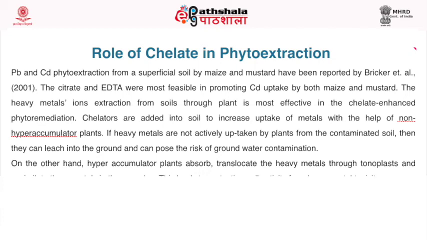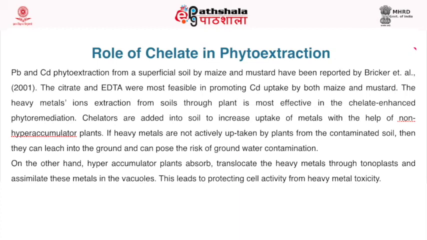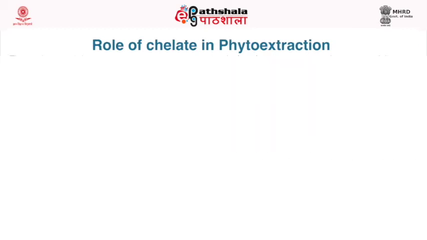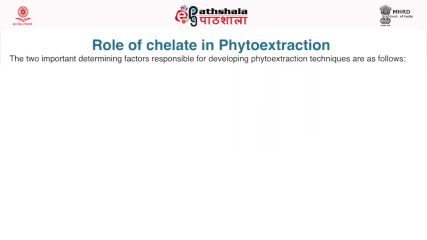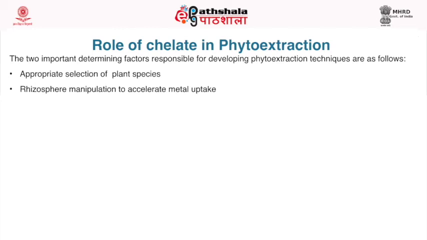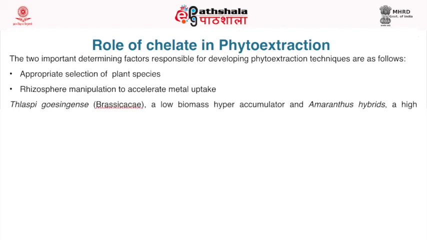On the other hand, hyperaccumulator plants absorb and translocate the heavy metals through tonoplasts and assimilate these metals in the vacuoles. This leads to protecting cell activity from heavy metal toxicity. The two important determining factors responsible for developing phytoextraction techniques are appropriate selection of plant species and rhizosphere manipulation to accelerate metal uptake.